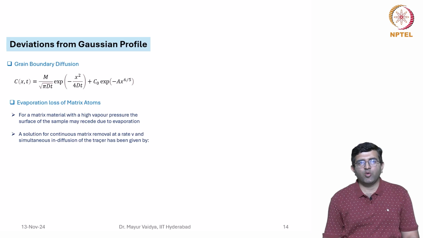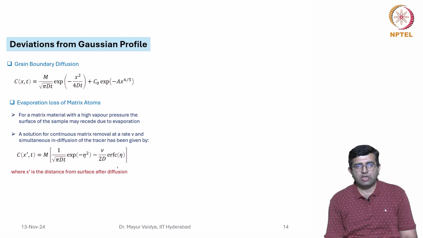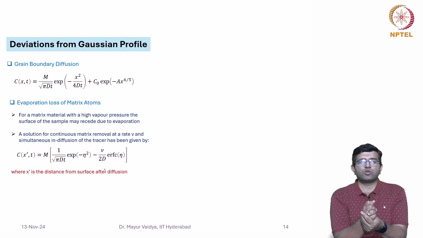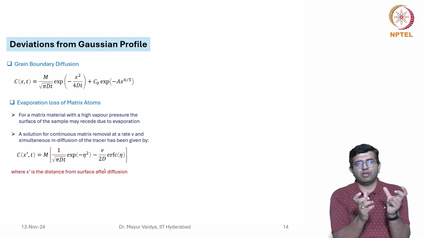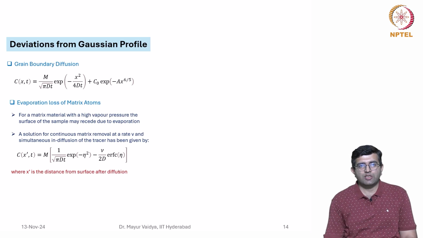If the removal is continuous at a rate v, then the solution is modified something like this: m by root pi Dt, exponential minus eta square, minus v by 2D, error function of eta. You don't have to memorize this, but the intention is that you appreciate that the deviations can cause a change in the mathematical equations, and can cause a change in the profile obtained from a standard experiment.